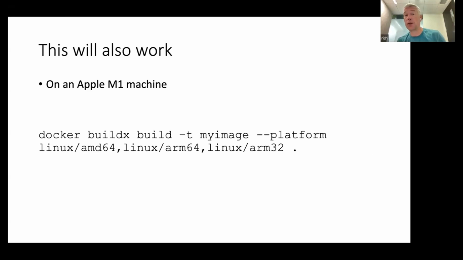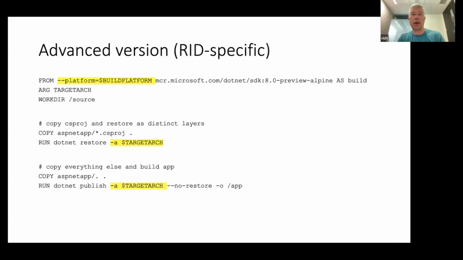There's this thing called Docker BuildX, which is used to create multi-platform images. With a single Dockerfile, you can build for all of these variants with one line, and you can push that to a registry. And then this is the advanced version. You continue to have that yellow line.